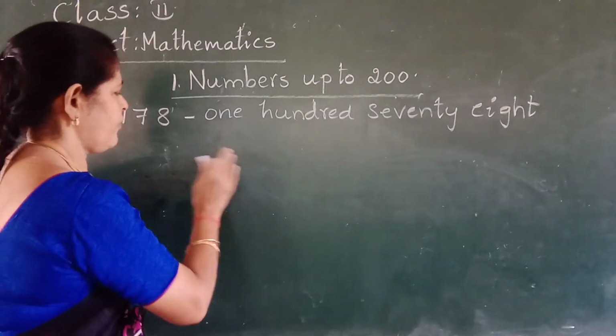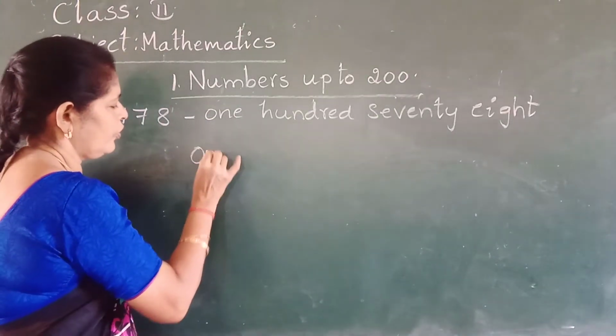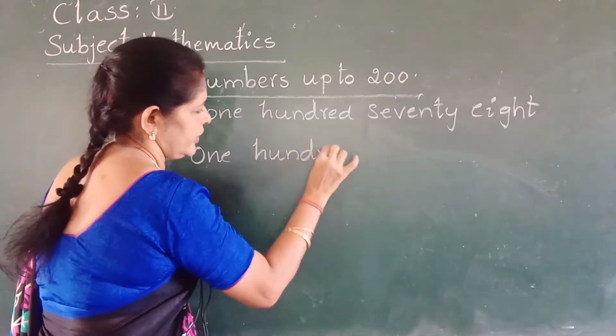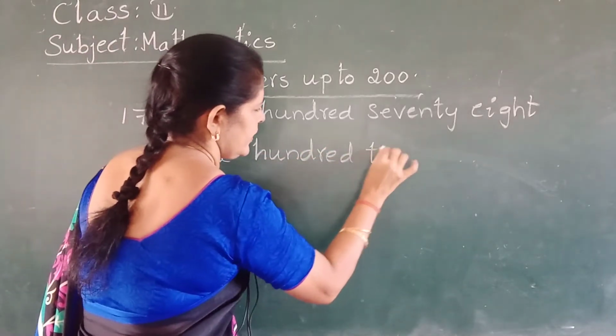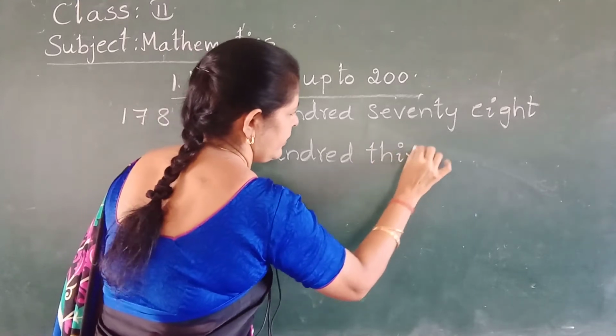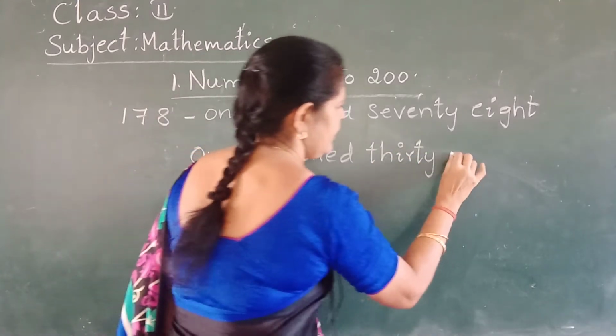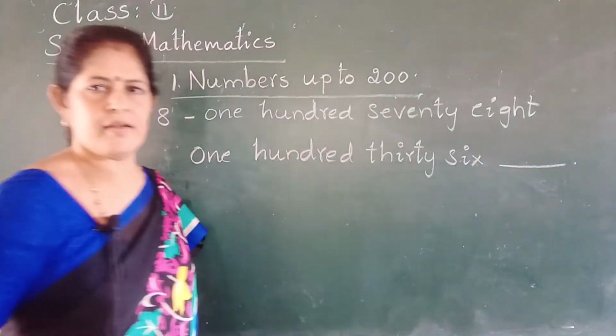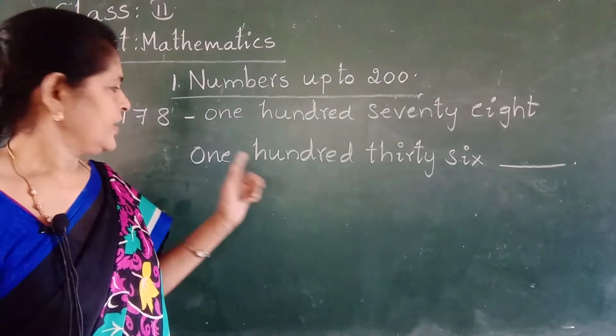Okay, now another one. See, ONE HUNDRED, 100, THIRTY, 30, SIX, 6. Now write the numeral. Write the number.